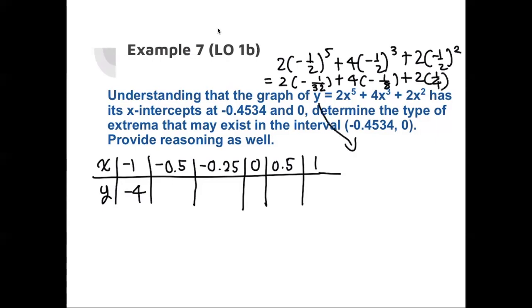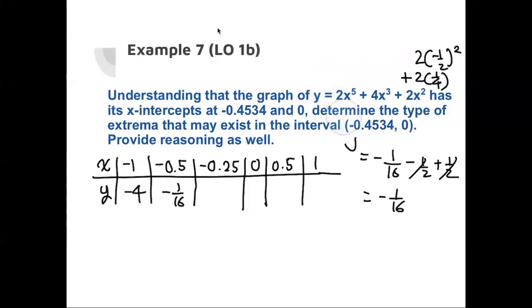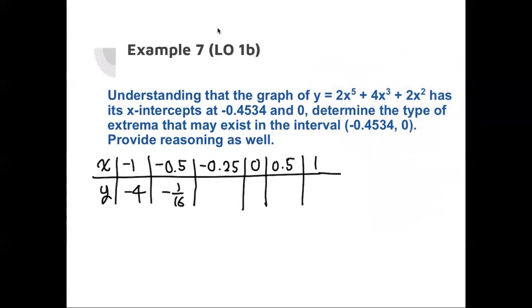I'll write the answer here. -1/16, -1/2 plus 1/2. Sorry, -1/16. Zero, 0. Let's do the easy stuff first, okay? And then this would be 2 plus 4 plus 2, so it's going to be 8. And then let's do 0.5 first, because that's easier than the terrible -0.25, okay?